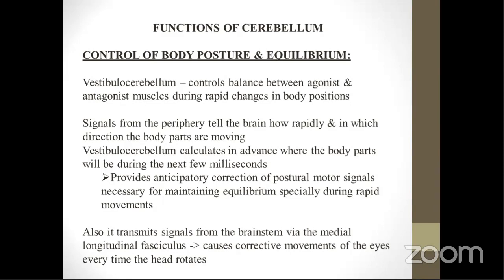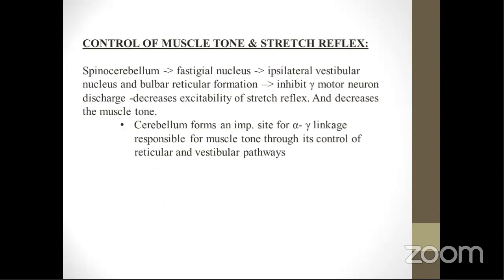posture and equilibrium. The second part, it controls the muscle tone and stretch. How? This is the function allotted to the second part, which is the spinocerebellum. So this spinocerebellum will send impulses to the fastigial nucleus, then to the ipsilateral vestibular nucleus and bulbar reticular formation, and they will inhibit the gamma motor neuron discharge.